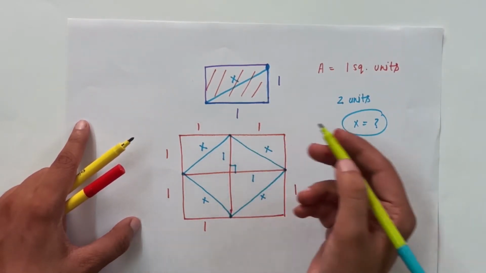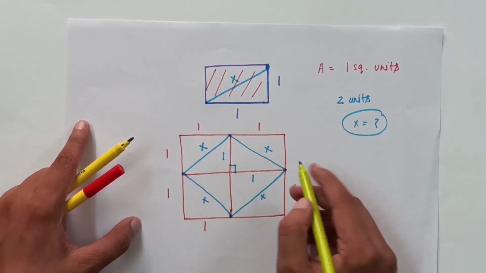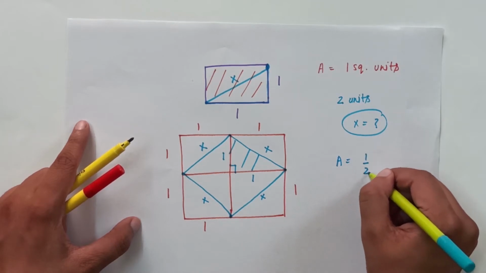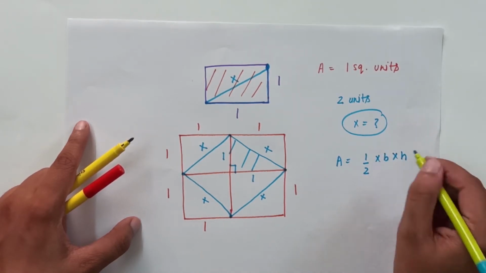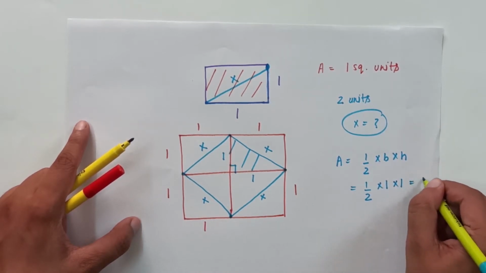Now if I have to calculate x, suppose I take the area of this triangle. The area of this right angled triangle will be half into base into height, that is 1 by 2 into 1 into 1, which is equal to 1 by 2.